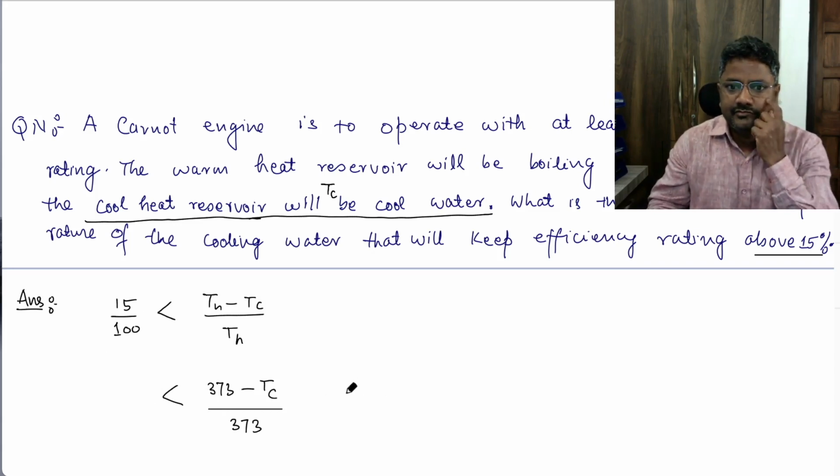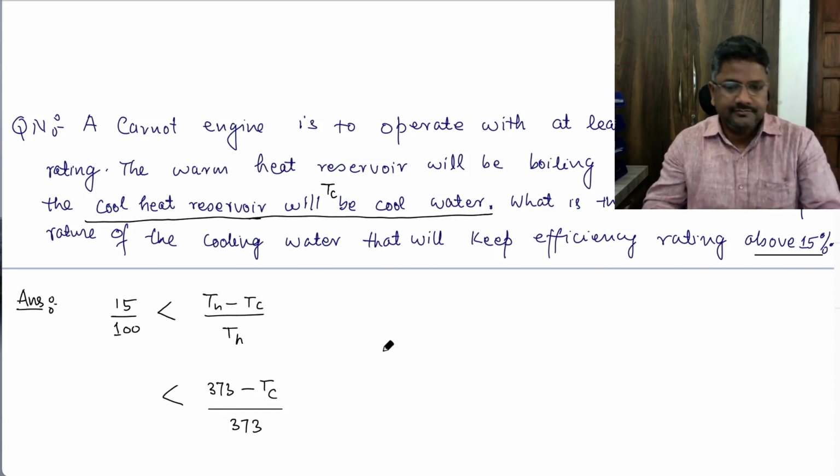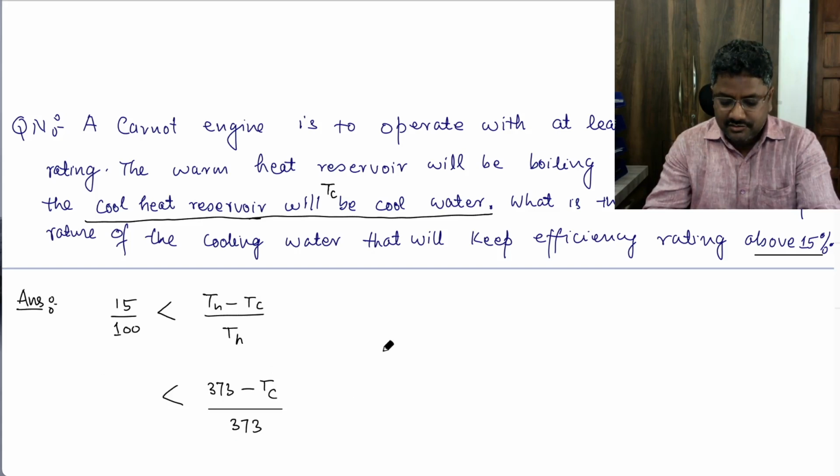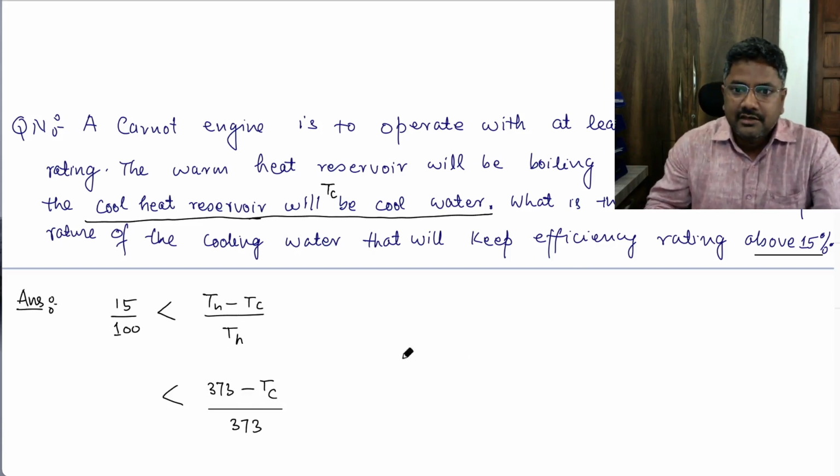So how to solve: this is 15 by 100, 15 into 373, divided by 100 is equal to 55.95. So we can write here 55.95.